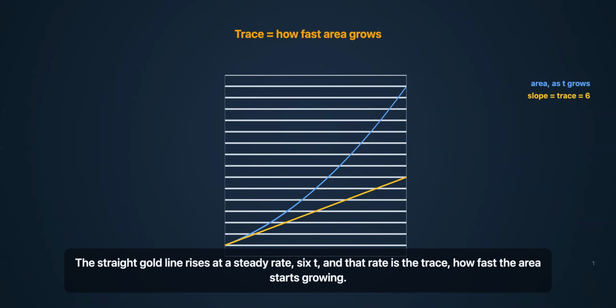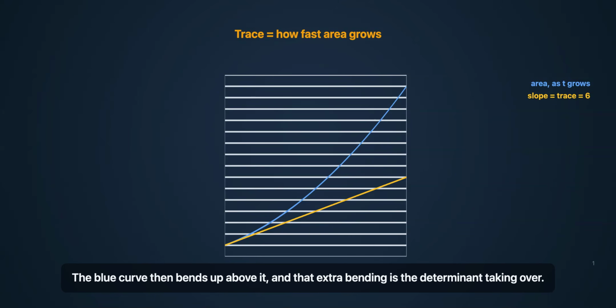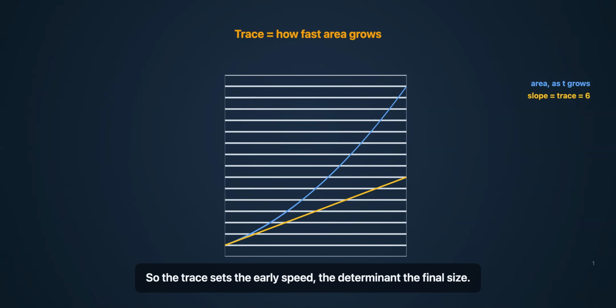The straight gold line rises at a steady rate, 6t, and that rate is the trace, how fast the area starts growing. The blue curve then bends up above it, and that extra bending is the determinant taking over. So the trace sets the early speed, the determinant the final size.